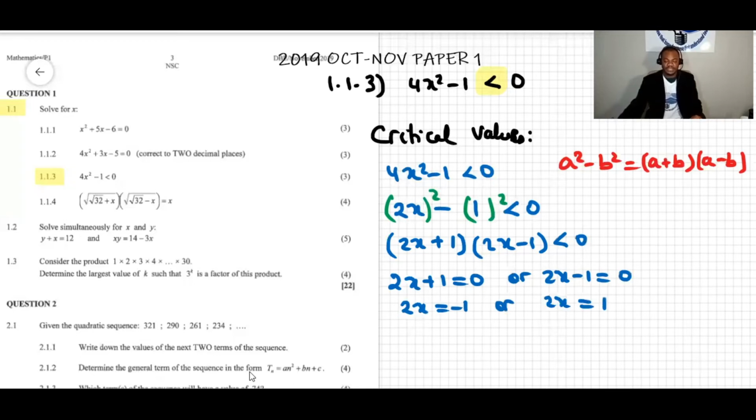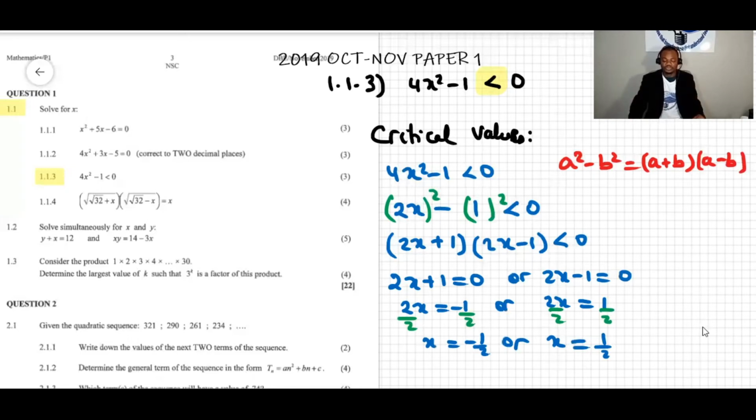Then we divide both sides by 2, and we get x equal to -1/2, or x equal to 1/2. These values of -1/2 and 1/2 are not the solutions of this inequality, they are just the boundaries of the interval over which the solution is supposed to be.